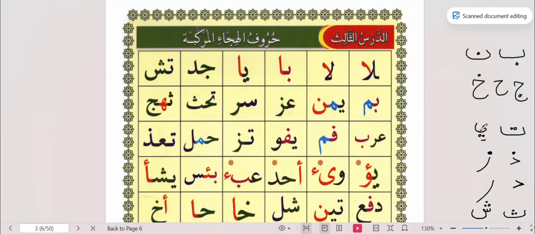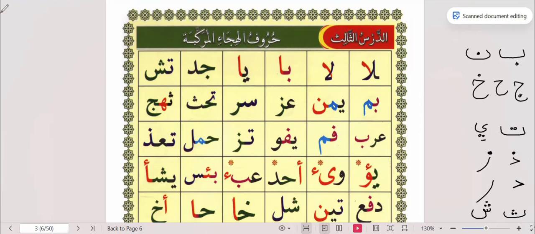Similarly, letter Ta and Ya, the two dots make them distinct from each other. The two dots at the top is Ta and the two dots at the bottom is Ya. Dal, Zal, the two sharp curves, and Ra, Za with no sharp curves, whereas Tha and Sheen.